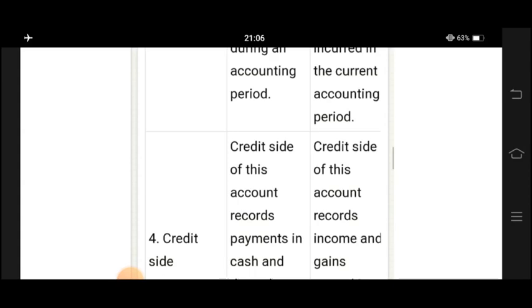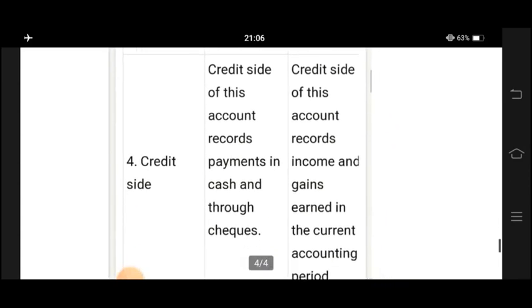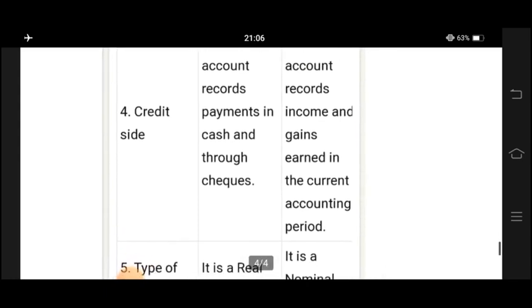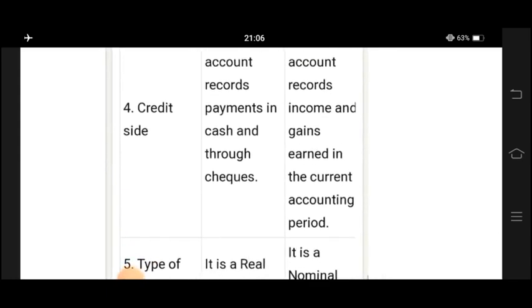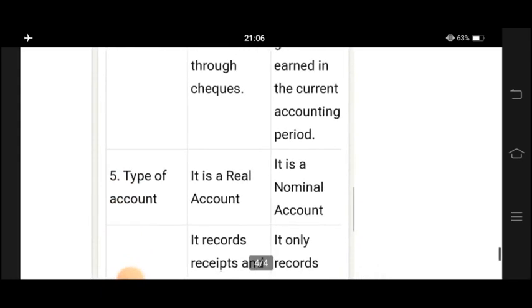And when we talk about more differences, such as the type of account, the receipt and payment is a type of real account, as whatever transactions are received by the organization, and whatever transactions due to which something comes inside the organization, will be debited, and whatever transactions due to which something flows outside of the organization will be credited.